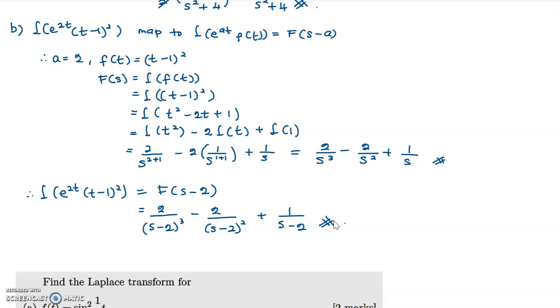So this is our final answer. You don't really need to expand the terms in the bracket here, and same thing for this one, so just stop at this. This is for part B.